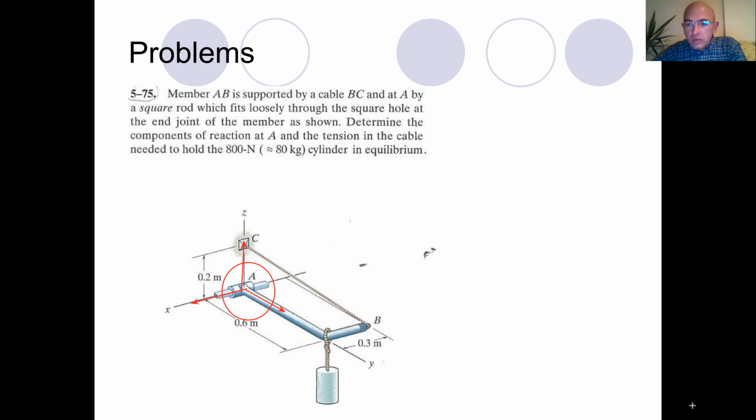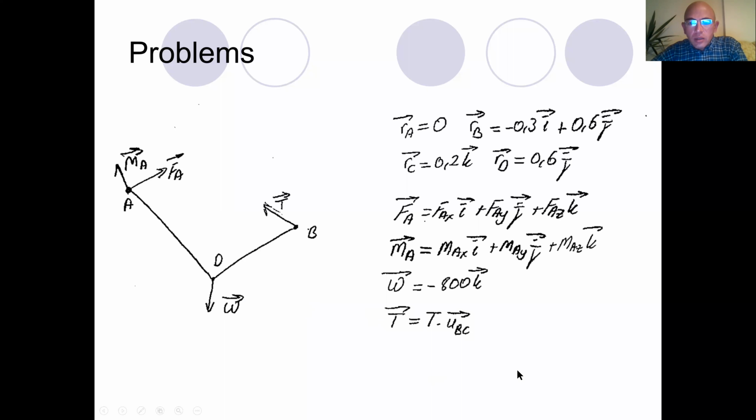Okay, now let's begin by drawing the free body diagram of the problem. Always draw the free body diagram. Always. Here is my free body diagram. So I don't need to draw everything. It is just a schematic which shows the loads acting on the structure.